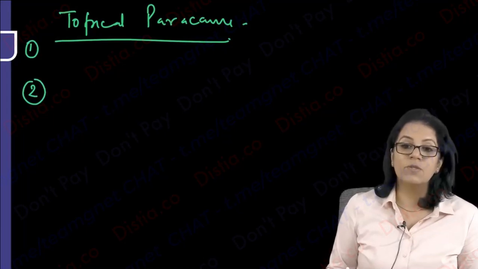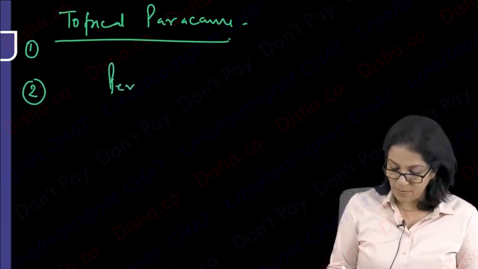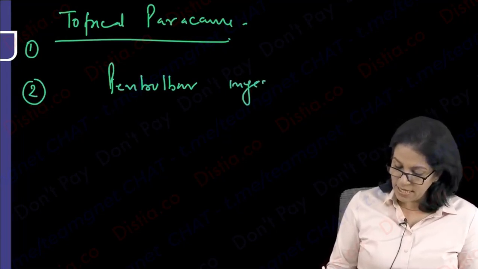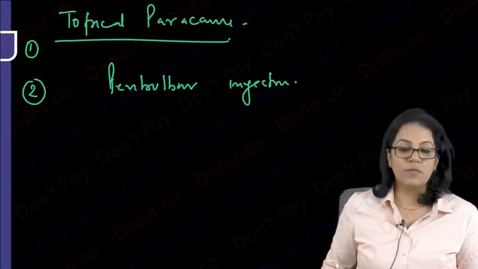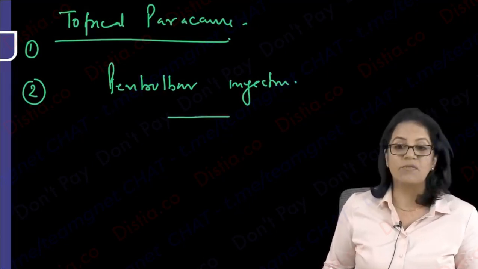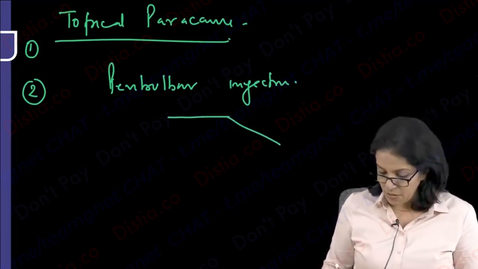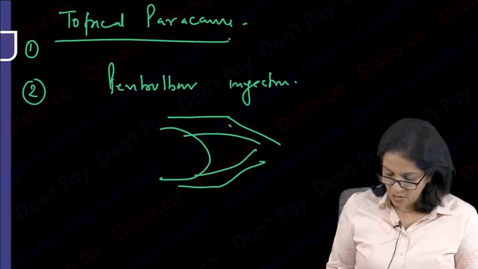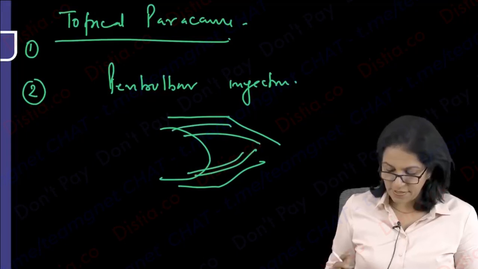And second, of course, which we most commonly do is your peribulbar injection. Right? So peribulbar injection. When you say peribulbar, let's draw for ourselves before I show you the slide. We all know that the muscles are all attached to the sclera, correct?